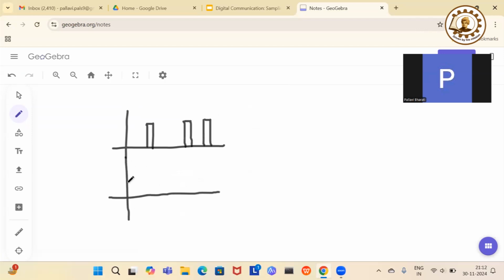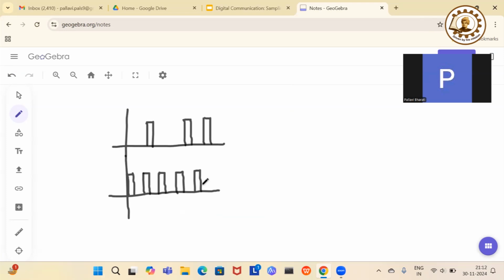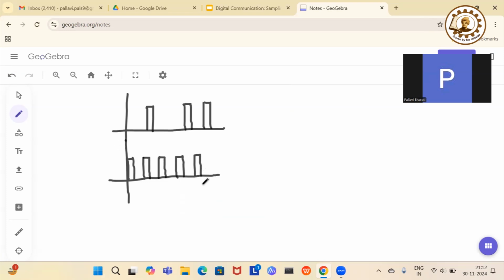And here I am drawing the reference pulses. This will be coming at a fixed duration. Here you have to take care, though, that both the pulses cannot come at the same time. So you have to use certain restrictions in the design.